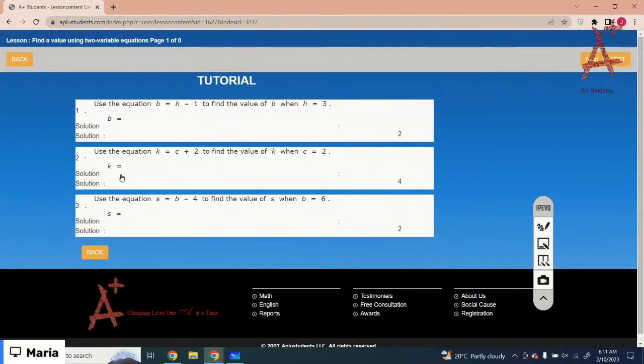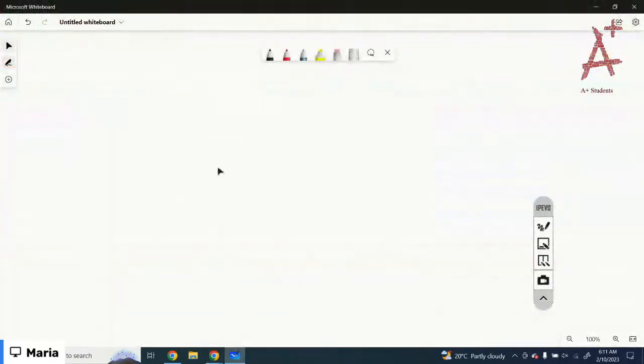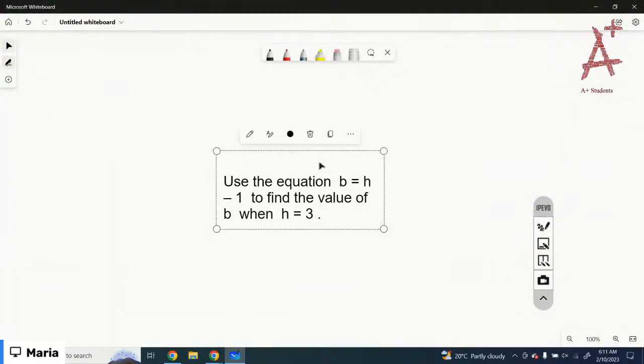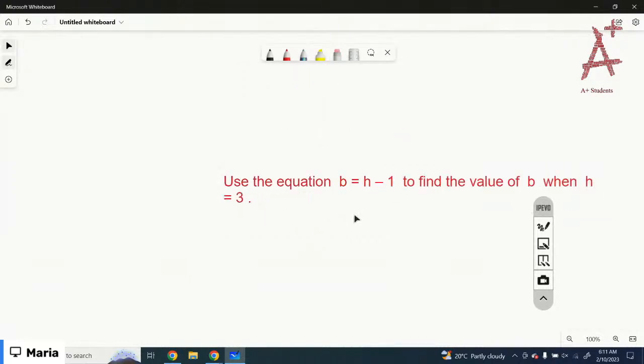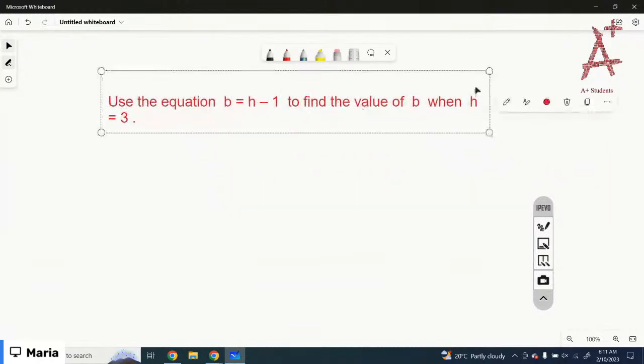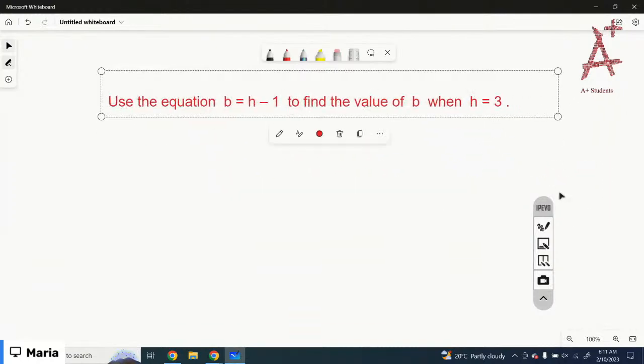Okay, the first one is use the equation b equals h minus 1 to find the value of b when h equals 3. Use the equation b equals h plus 1 to find out the value of b when h equals 3.